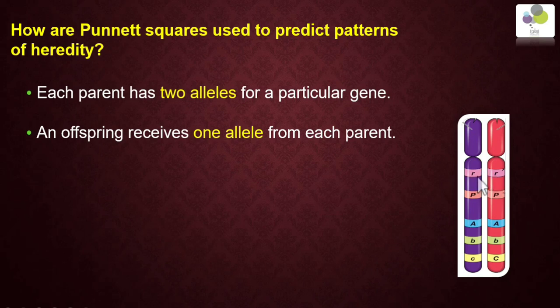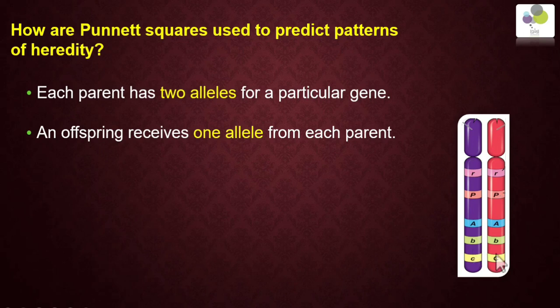So we have two different versions or two same versions of genes, so we have two alleles. Each parent has two alleles for a particular gene responsible for a specific trait. For example, if we're talking about the seed color, maybe this seed color is purple and the other seed color is purple.